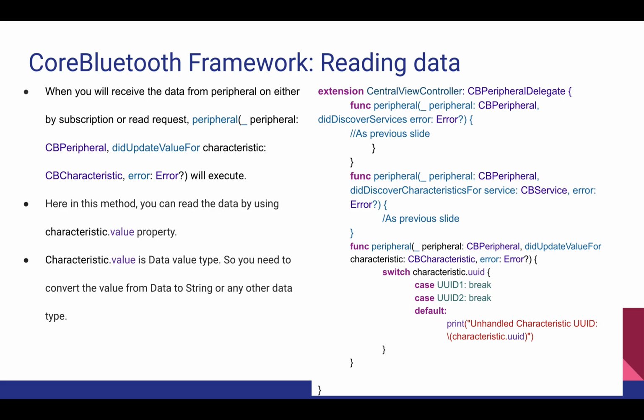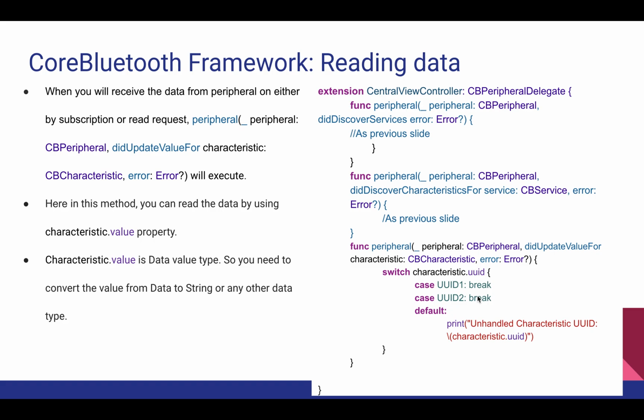After sending those read or subscription requests, the peripheral will send the value of the data. At that time, when the central receives the data, it calls this function didUpdateValueFor characteristic.